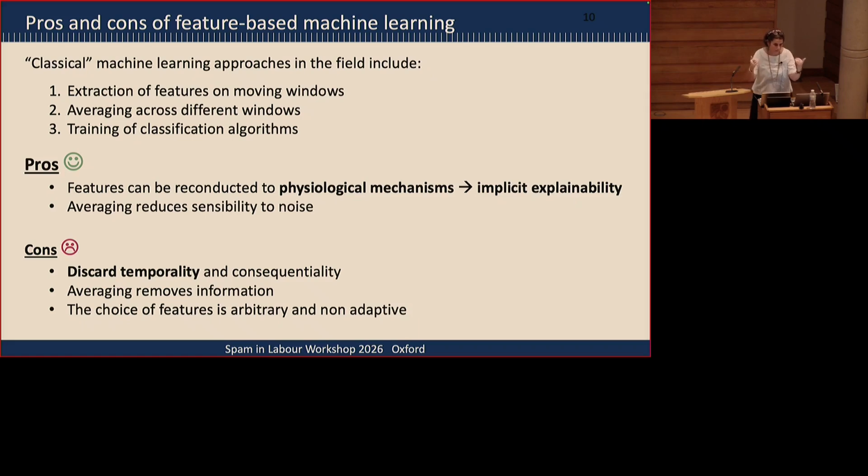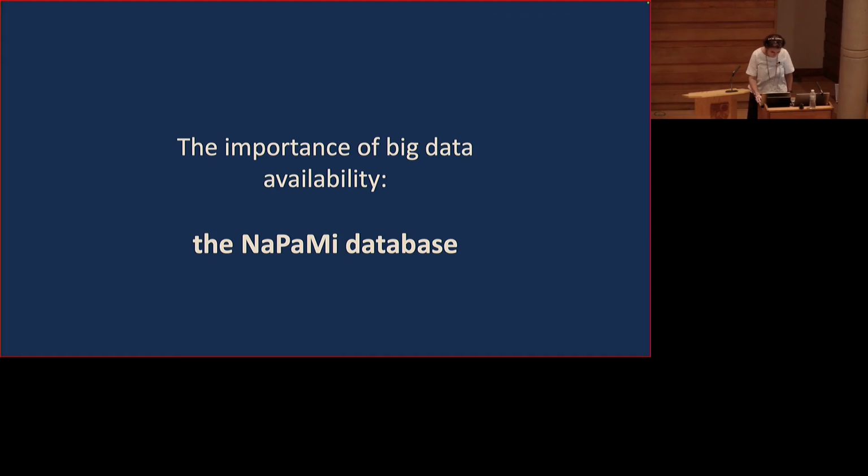The process is very fast and complex, with a lot of events developing during this time. So averaging can remove information, and even the choice of feature can be arbitrary, and it is not always adaptive to the development in time.